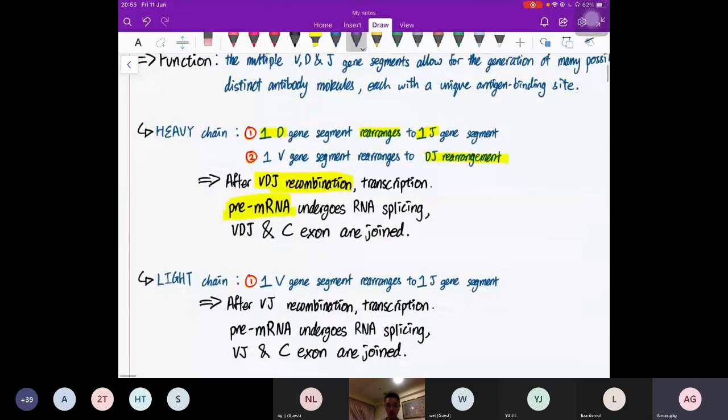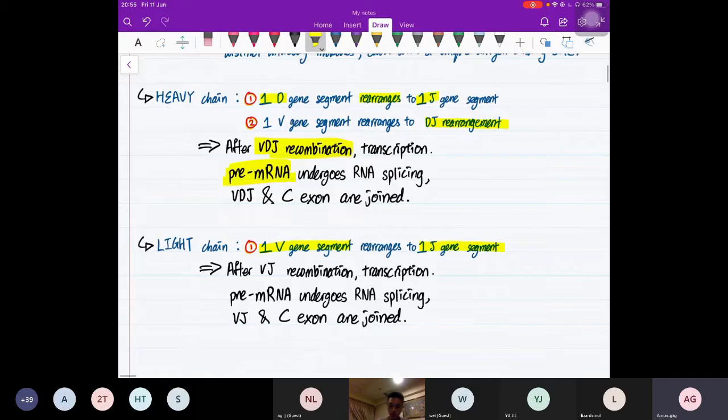Okay, so we recap again. Your light chain recombination occurs in one step. One V gene segment rearranges to one J gene segment. That's it. After your VJ recombination, same thing as your VDJ. You get transcription, you get pre-mRNA.